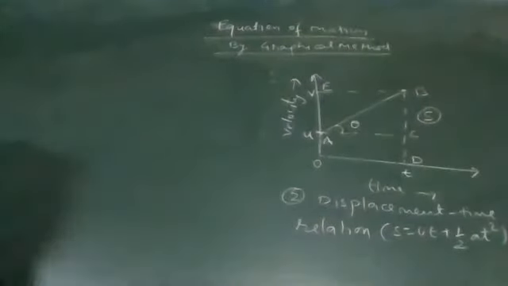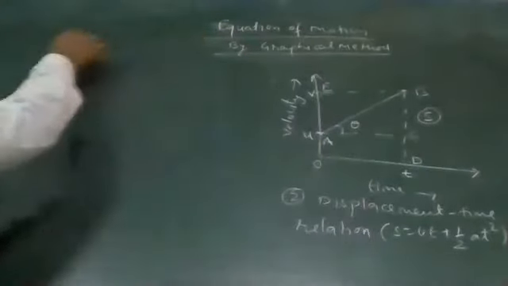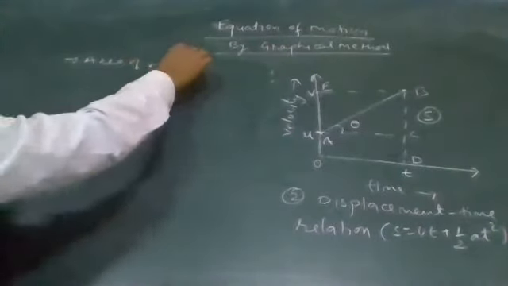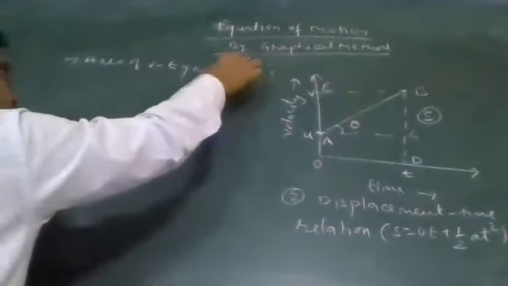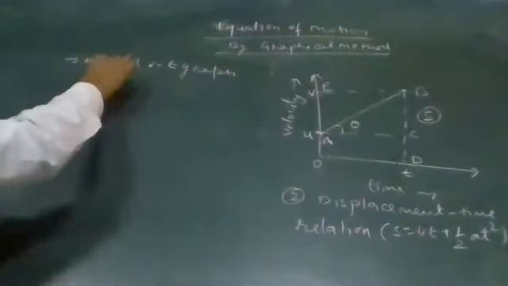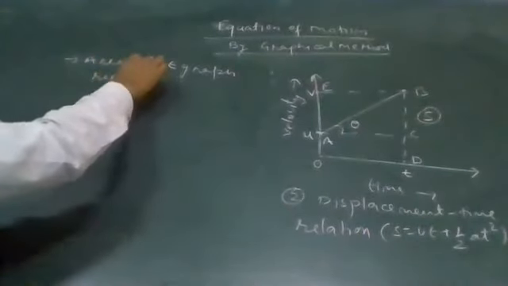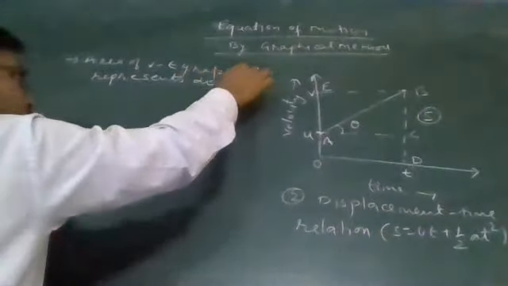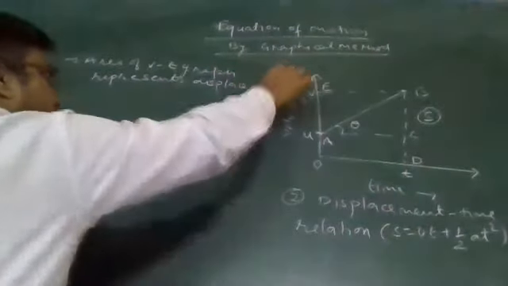Now, how will we derive this relation? We know that the area of the velocity time graph represents displacement. So we have the velocity time graph available here.